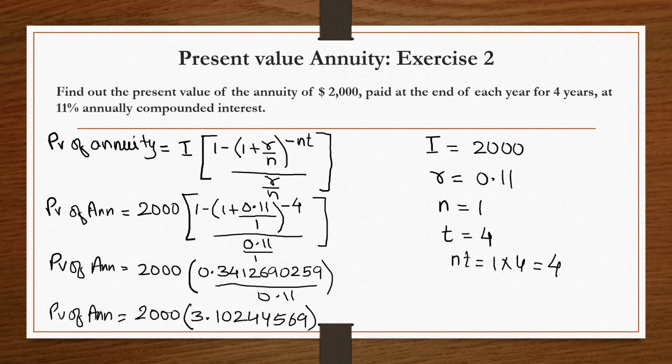So when you multiply 2000 by 3.10244569, we will get our present value of annuity, which is 6204.89. This is my answer. Okay, so this is how we calculate the present value of annuity.